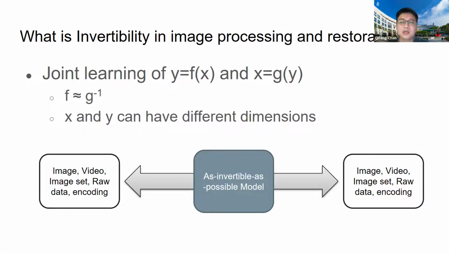And such a task would be like image compression. So we want to explore such a framework and see how this type of model can have other functionalities in other tasks.